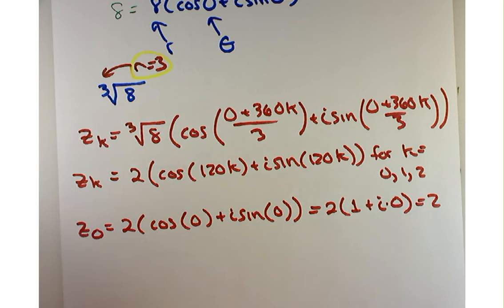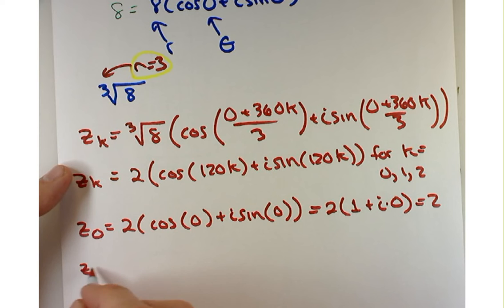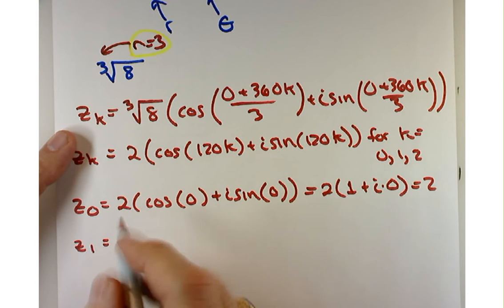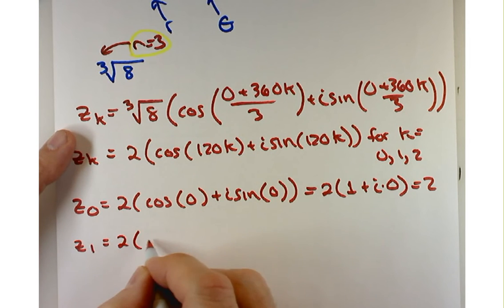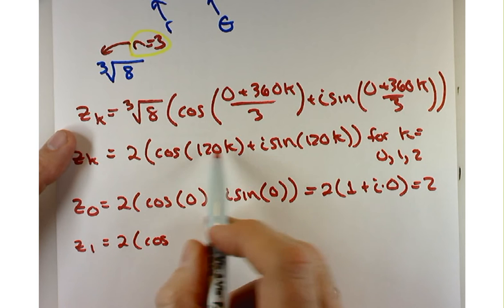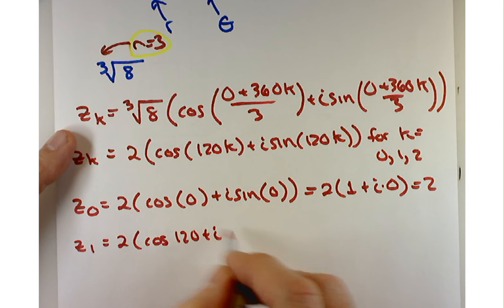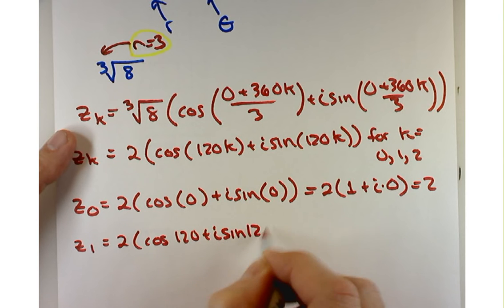That's the root that we're all familiar with. But there's 2 more. Let's try and find z sub 1. So z sub 1 means I'm going to put a 1 in here for k. So it's going to be 2 times the cosine of 120, since 1 times 120 is just 120, plus i times the sine of 120.